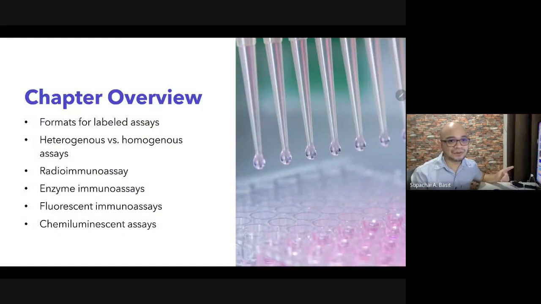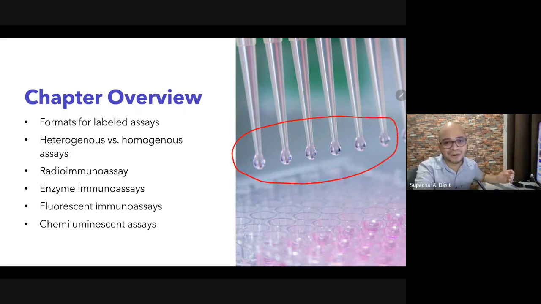In this particular chapter, we will be discussing the format for labeled assays, the heterogeneous and homogeneous assays, radioimmunoassays, enzyme immunoassay, fluorescent immunoassays, and chemiluminescent assays. Now, if you are wondering what this photograph is all about, this is the automated ELISA reader, which, by the way, our school acquired, and you will be the first batch to utilize it in our limited face-to-face.